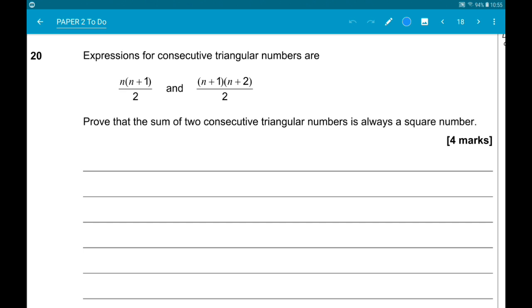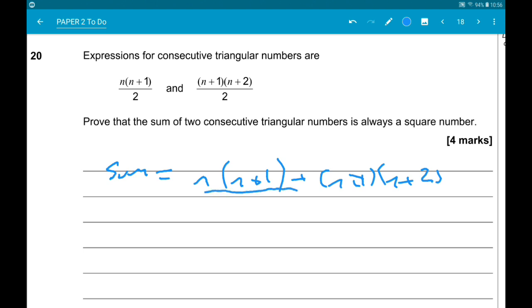So the sum here is going to be, now both fractions have a 2 on the bottom, so we can just add across the tops. So we have n times n add 1 add n add 1 times n add 2 all over 2.